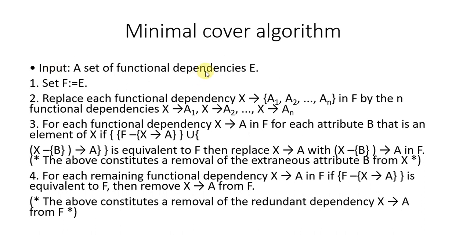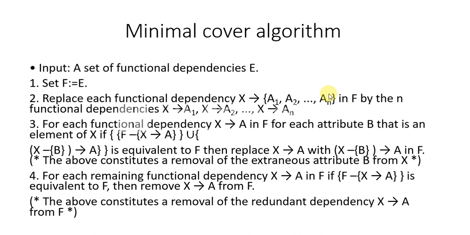Okay, according to our minimal cover definition, each dependency should be in standard form. So this dependency X to A1 to An in F can be replaced by the n functional dependencies X to A1, X to A2, etc., X to An. Okay, that condition is satisfied here.